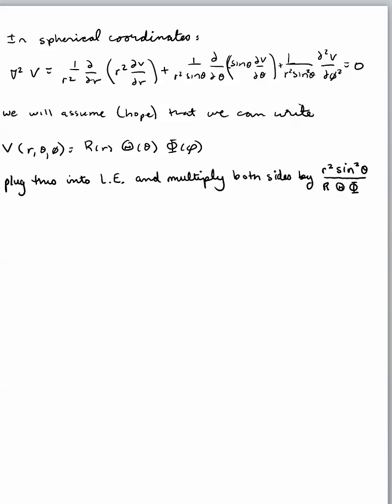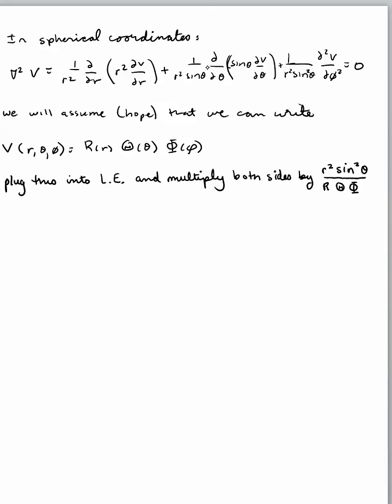And when we did Cartesian, we divided both sides by this original function, and lo and behold, the variables were separated. In this case, it's a little trickier. We certainly are going to divide both sides of Laplace's equation by the potential. We're also going to multiply by r squared sine squared theta.